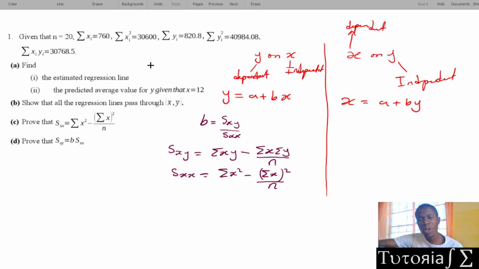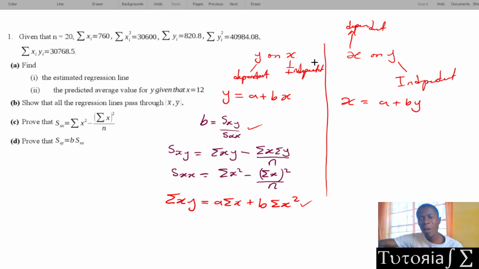To find your a, you multiply the equation by summation of x, so it'd be summation of xy is equal to a summation of x plus b summation of x squared. This one will help you find b, and after you find b, you replace here and you'll be able to find your a, and you replace in the equation.